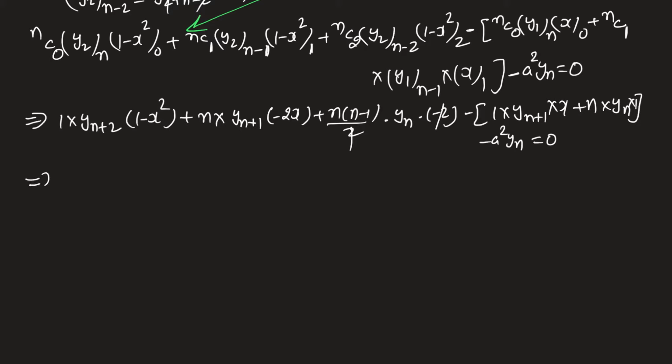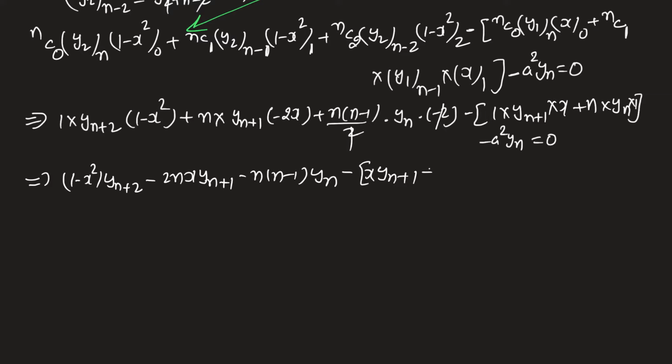So, this implies that (1 minus x square) y_{n+2}, this is a single term, minus 2nx y_{n+1} plus 1 minus n minus 1 y_n minus y_{n+1} x plus n y_n minus a square y_n equal to 0.